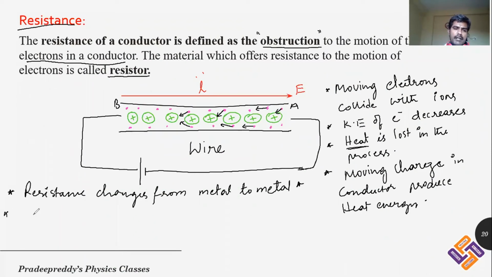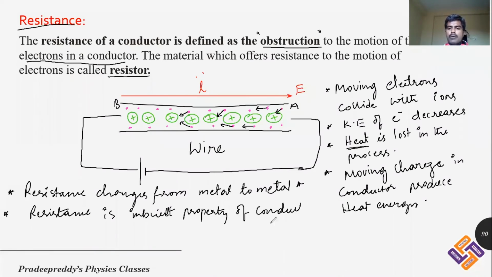And remember, resistance is an inbuilt property of a conductor, any conductor. And not only conductors, even in the case of insulators and semiconductors also, definitely there will be some resistance offered by that particular material. So resistance is an inbuilt property.